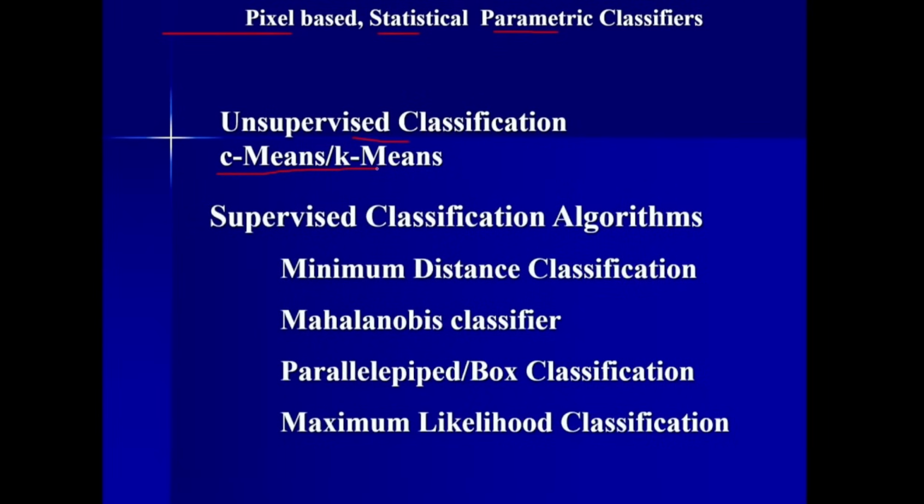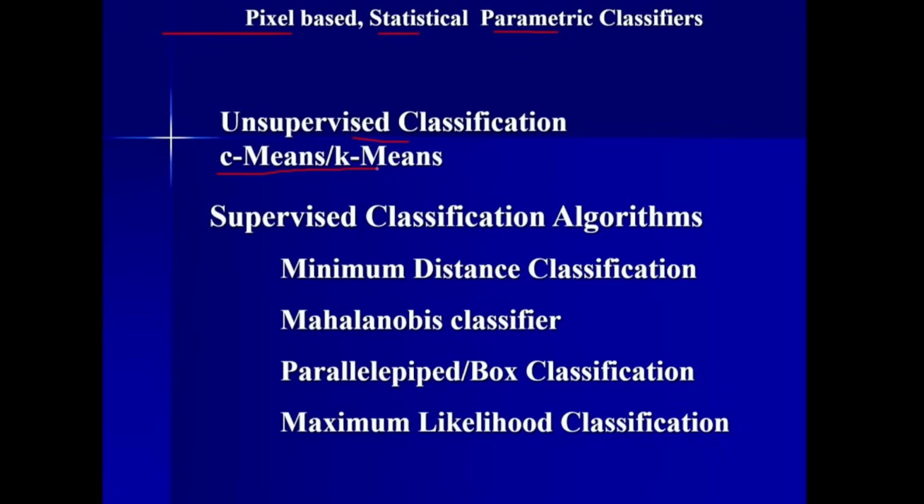The second category of classification is supervised classification algorithms. Here we are providing the training data or ground truth data to train the algorithm. What do you mean by train the algorithm? We are initializing the parameters of the algorithm.